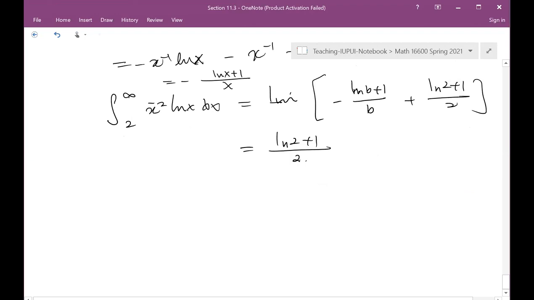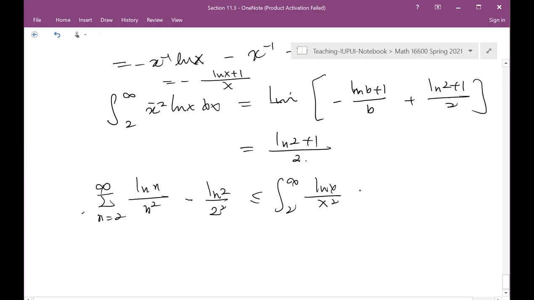Now, what do you get? Well, we get, when n equals 2, natural log of n over n squared minus the first term, which is natural log of 2 over 4, is less than or equal to this integral, is less than or equal to this, right? But this one we already found the value even.